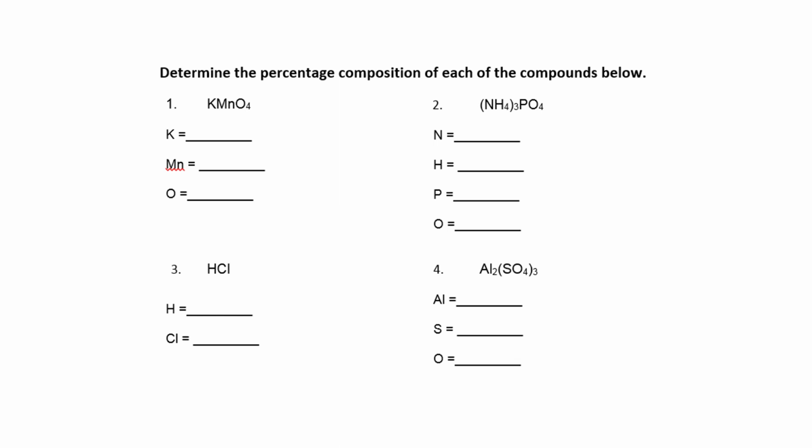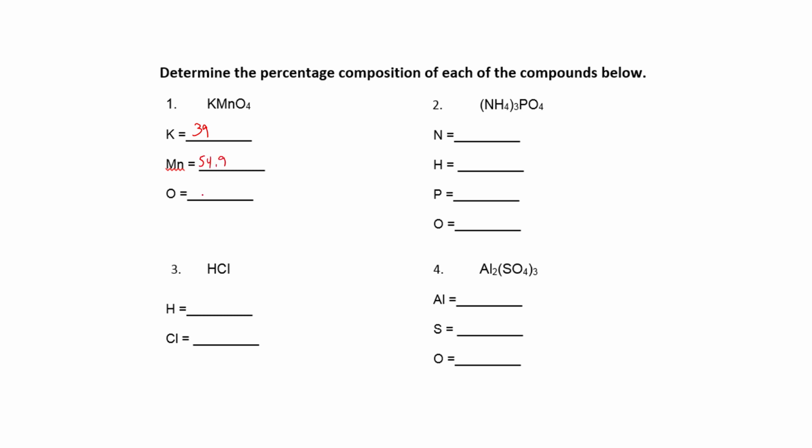So the first one, potassium permanganate. There's 1 potassium, and potassium has a mass of 39 grams. There's 1 manganese, and manganese has the mass of 54.9 grams.